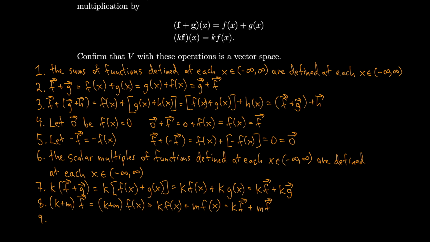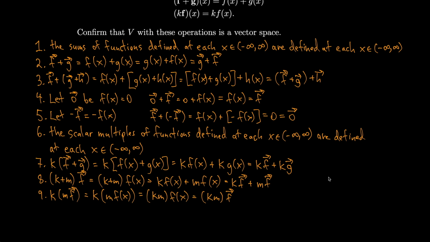Number 9, k times mf, we need to show it's associative, so that's the same as k times mf of x, which is associative, so that's km times f of x, and then we can go back to kmf.